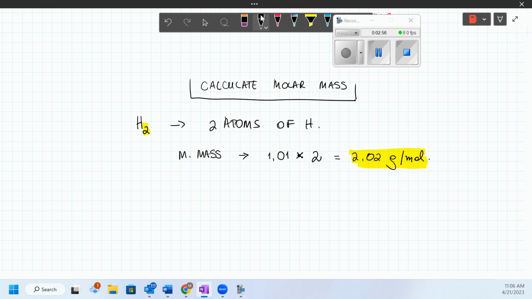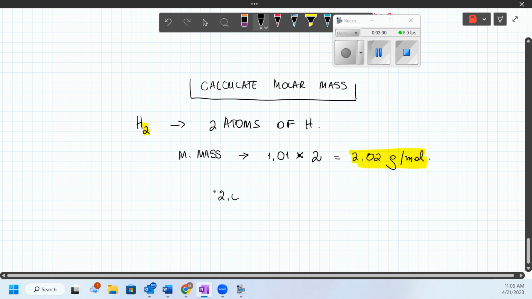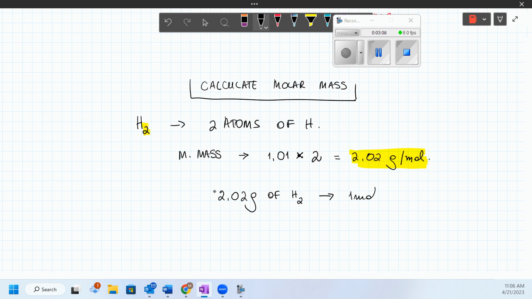What this number means is that when you have 2.02 grams of hydrogen molecule, then you have 1 mole of hydrogen molecule. And vice versa. If you have 1 mole of hydrogen molecule, then that means that you have 2.02 grams of hydrogen accumulated there.